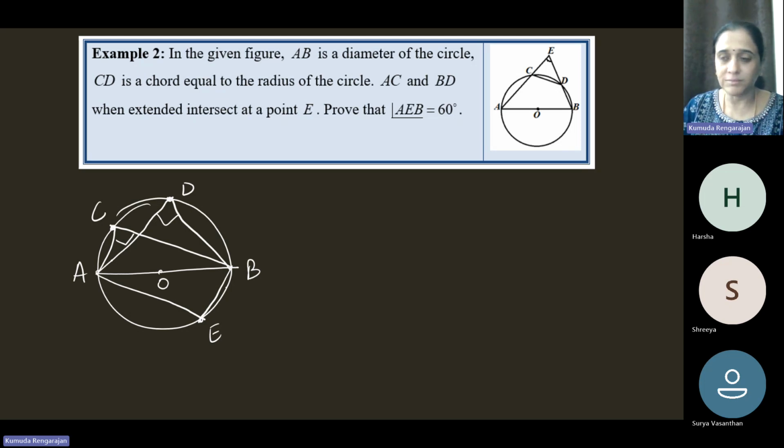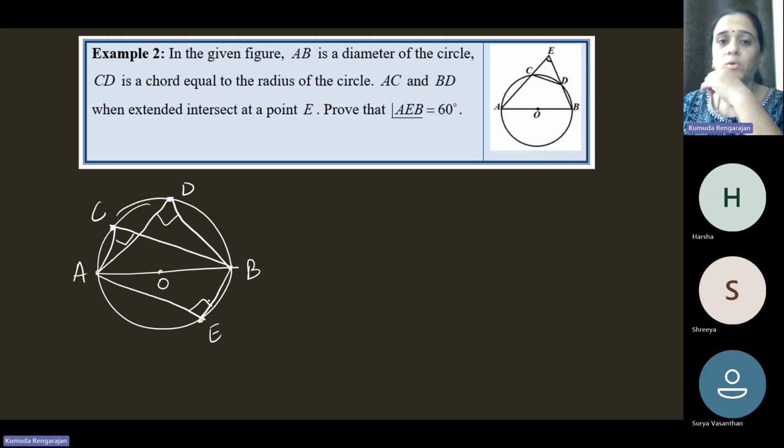This angle AEB is subtended by the diameter AB at the point E on the circumference of the circle. Since it's made by the diameter, this angle is 90 degrees. So this is what is meant by angle in a semicircle is a right angle. All right?